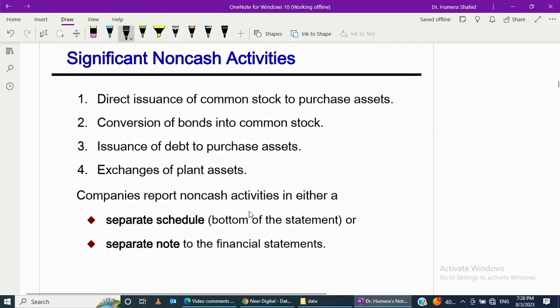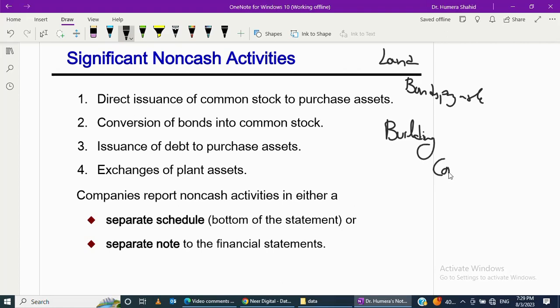Do remember, during the year, companies also sometimes have non-cash activities. Like, let's suppose, as we discussed in previous topics, a company has purchased land and issued bonds for it. Bonds payable gets credit. Or a company has purchased a building and issued common stock for it.